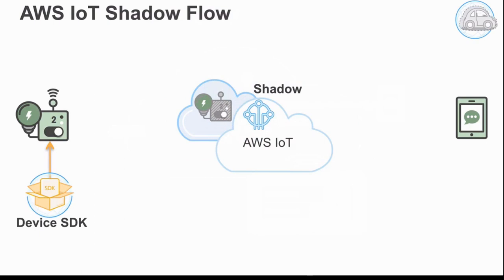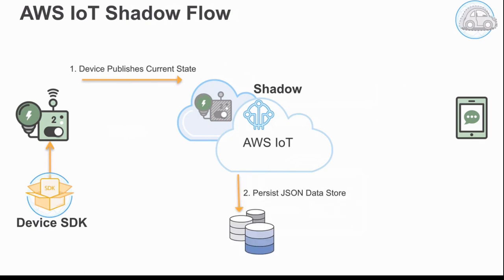Well, the AWS IoT device SDKs have within them shadow functionality, so synchronized shadow methods essentially that can be called through the different programming and language models that are used. They can be called, and if you do that, you will publish the current state to the AWS IoT shadow.